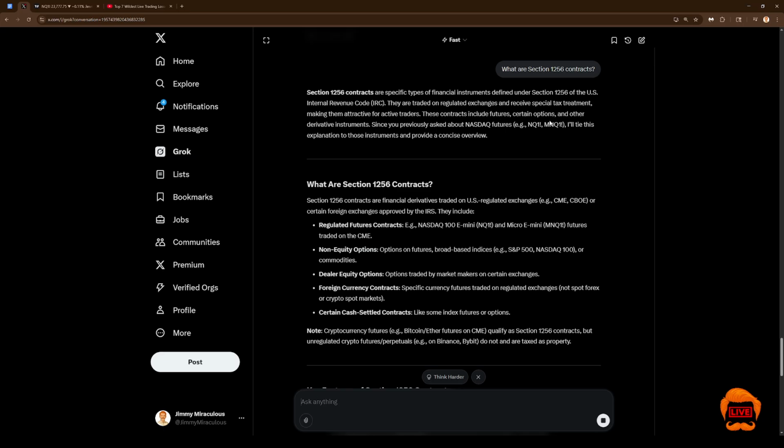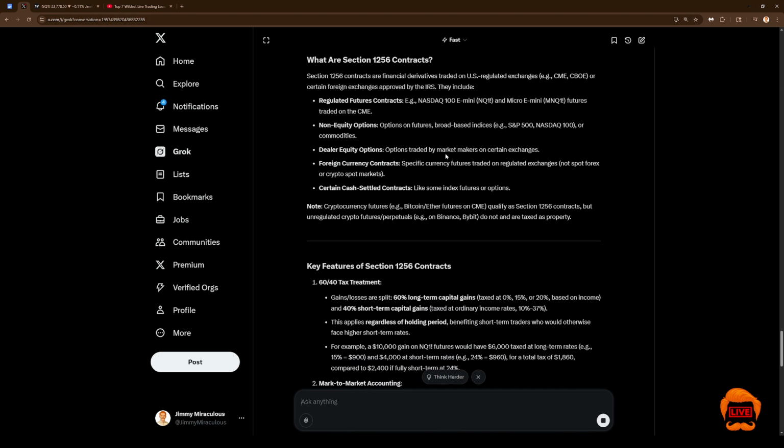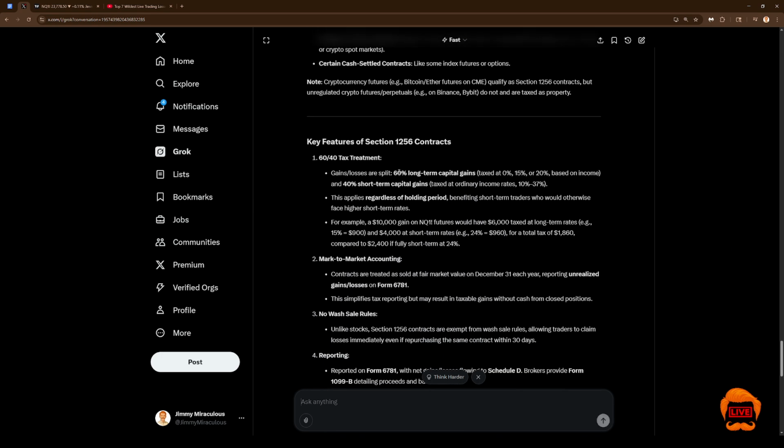These contracts include futures, certain options, and other derivatives. Key features 60-40. Gains and losses are split. 60% long-term capital gains and 40% short-term capital gains.